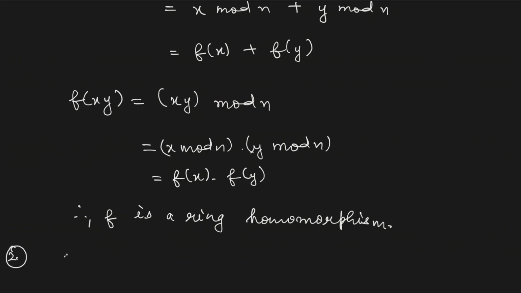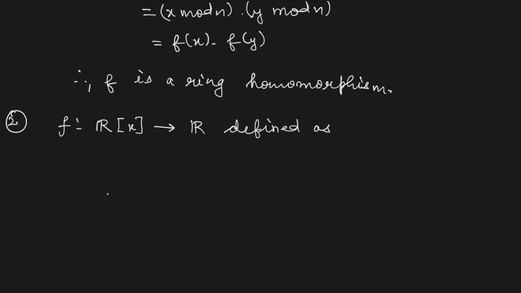Second, f is a mapping from R[x], the polynomial ring, to R defined as f(g(x)) is equal to g(0) for all g(x) belonging to R[x].